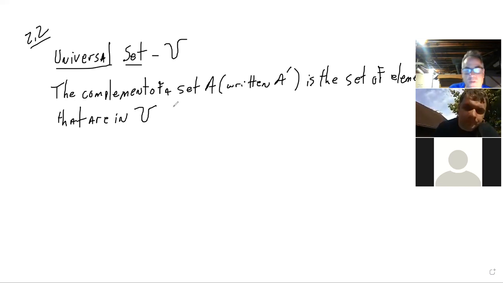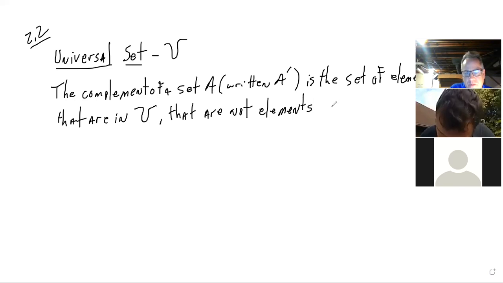So it is the set of elements that are in the universal set that are not elements of A.